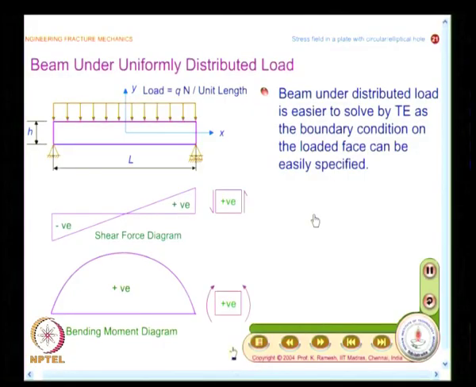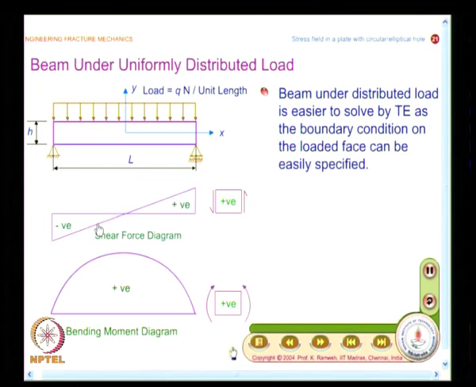And in the last class we started discussing the solution for the case of a beam under uniformly distributed load. I drew your attention to the fact that when I have a uniformly distributed load, shear force varies along the length of the beam.